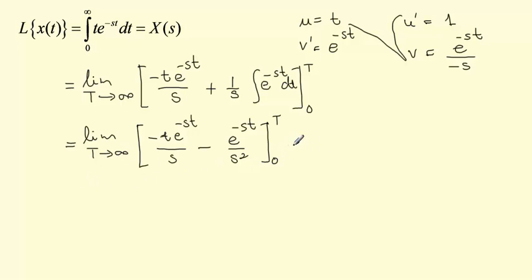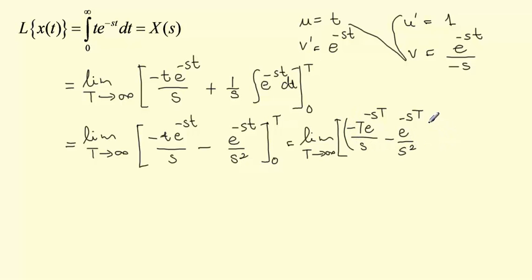Now evaluating this, we have the limit as t is going to infinity of, substituting capital T, minus T e to the minus sT over s, minus e to the minus sT over s squared.